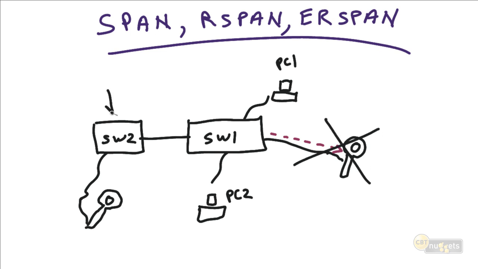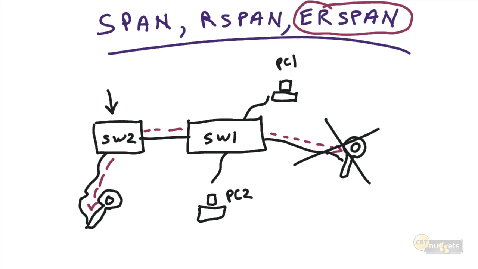We plug it in over at switch 2, and we're going to be able to forward the traffic over to that particular destination now, even though it is on a remote switch. Pretty neat. Now, I do not think that ERSPAN will come up in the CCDA, but since it is a SPAN variation, I wanted you to be aware of it.